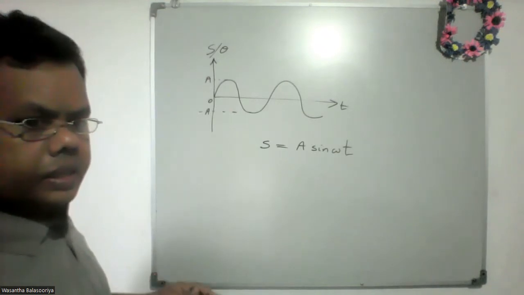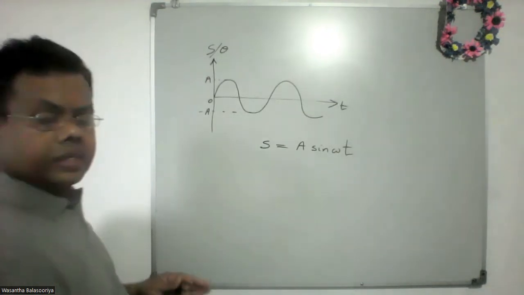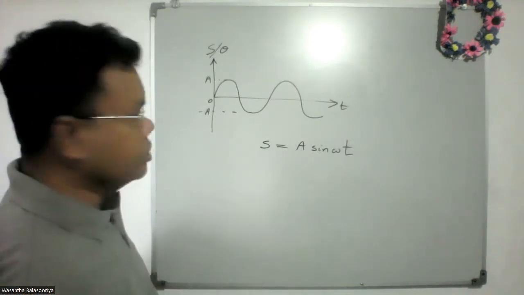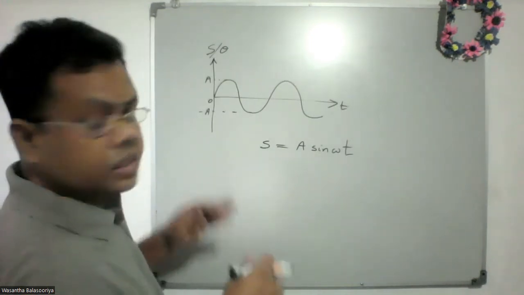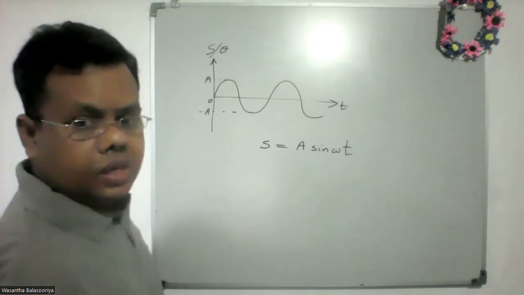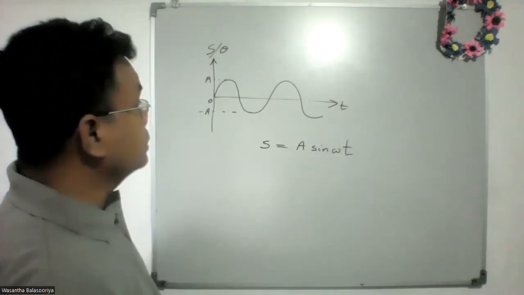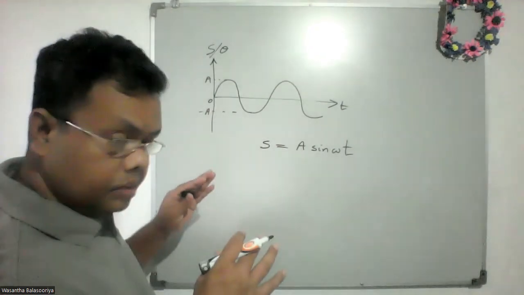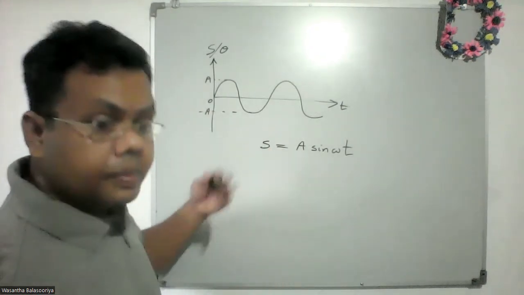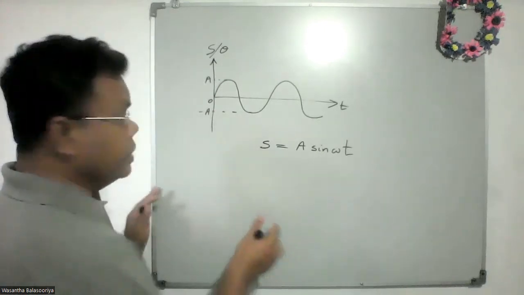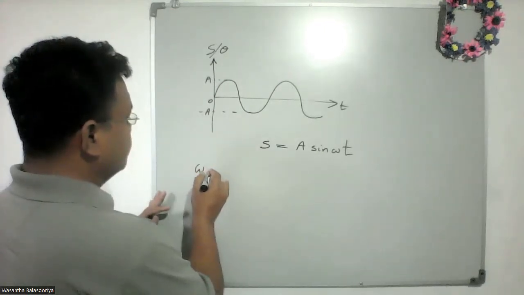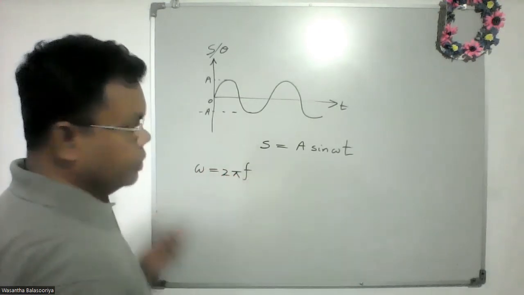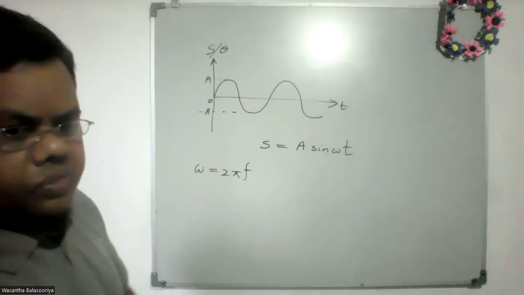Omega is a constant for the simple harmonic motion. Omega is given by 2 pi f.